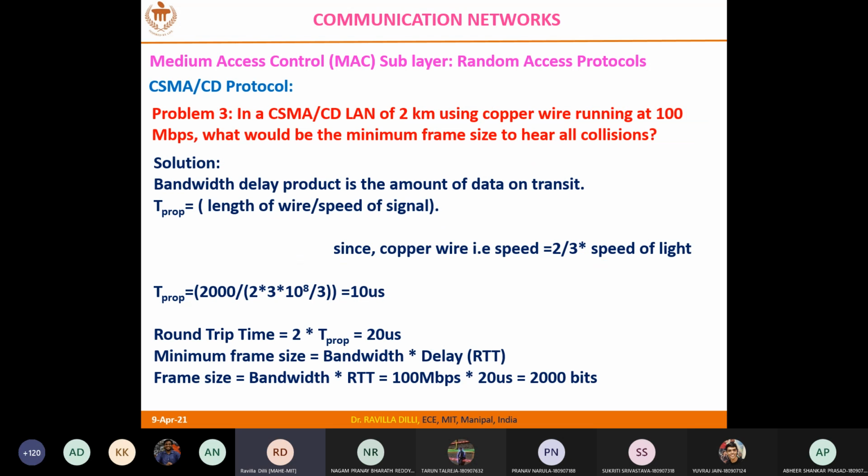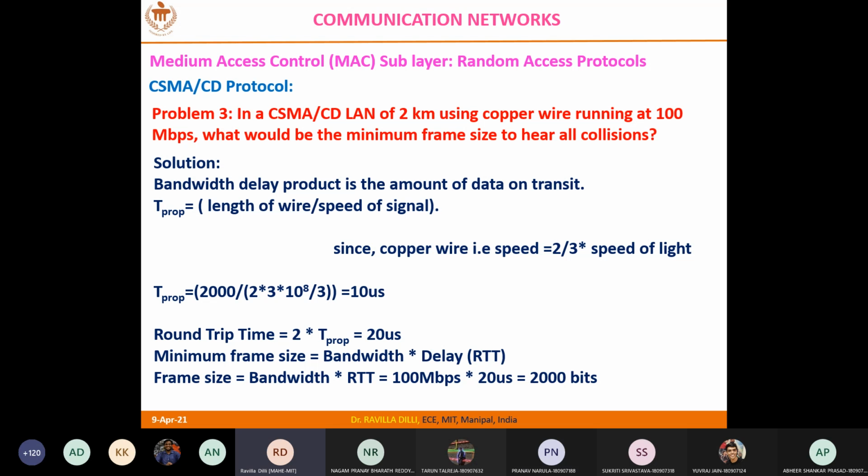Okay. So can you answer this? In a CSMA-CD LAN of 2 kilometers using copper wire running at 100 Mbps, what would be the minimum frame size to detect the collisions? Propagation time, sir. Yeah, that you need to calculate.